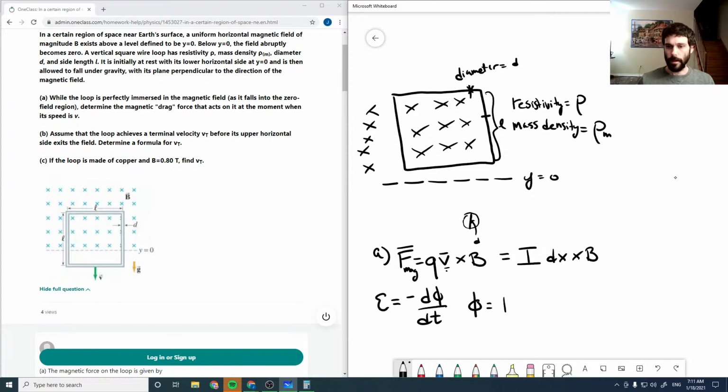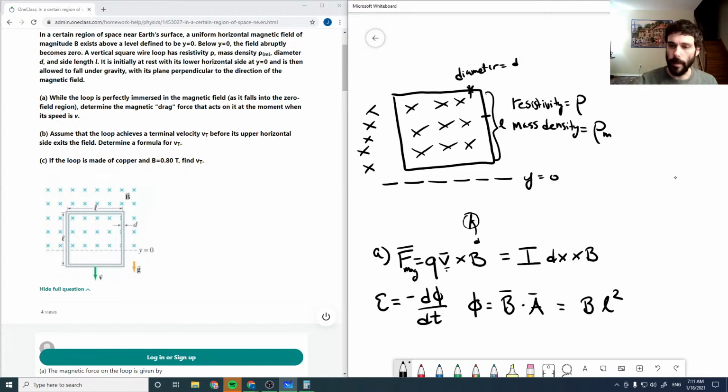So our phi is B dot A. And so in this case, when it's fully immersed in the field, we have our B field, which is constant and into the page. Our area is just L squared, so B L squared.